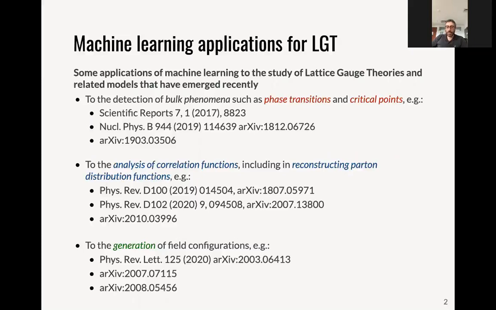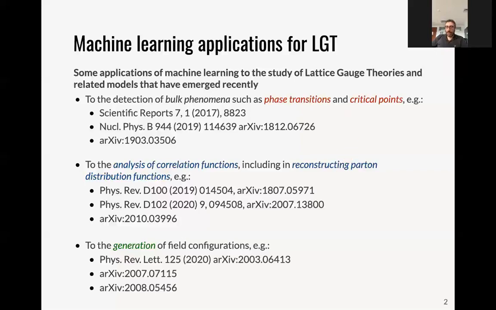Roughly speaking, you can think of some methods that use machine learning in order to detect bulk phenomena or classify parameters in the system, such as identifying phase transitions and critical points. There are some references here.